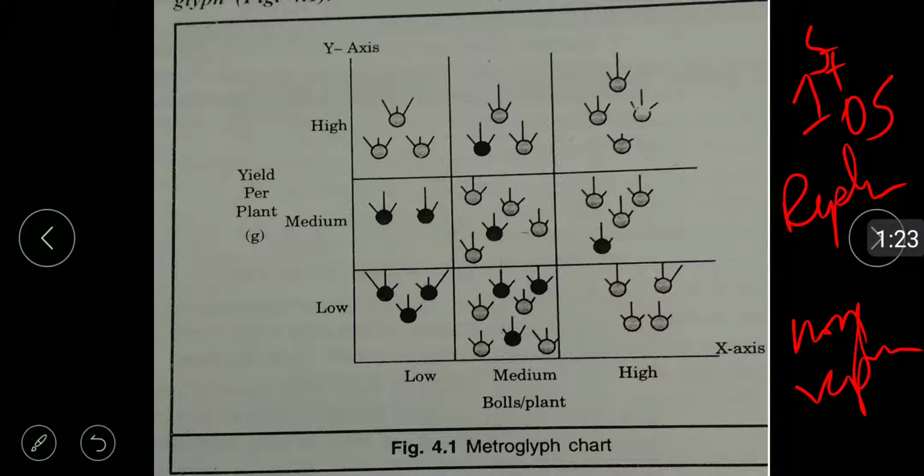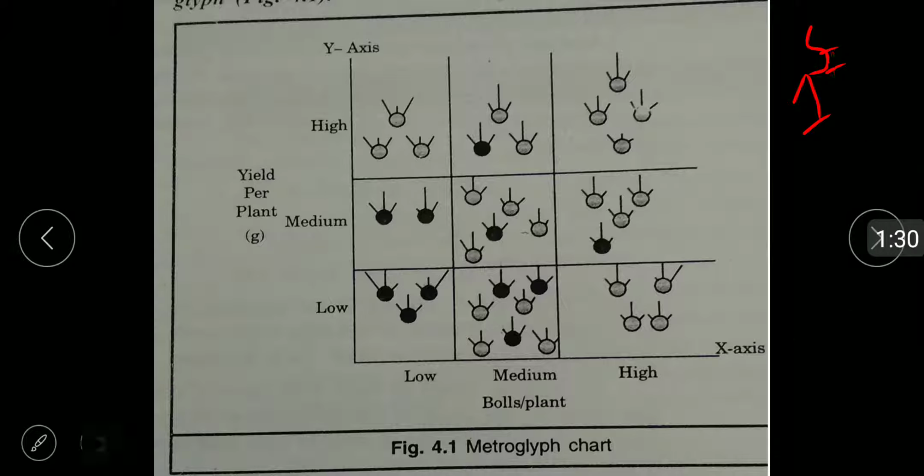To analyze this, there are some steps involved. The first one is selection of genotypes. Each material used for assessment of variability may include germplasm, lines, varieties, and hybrids, and genotypes are selected based on their phenotype.